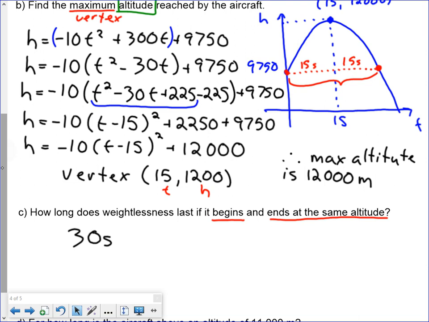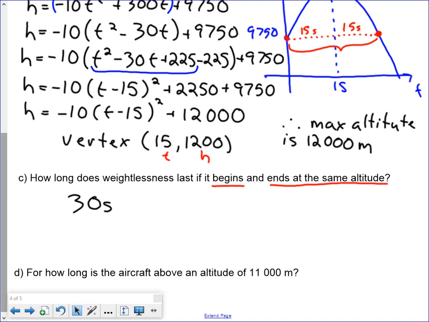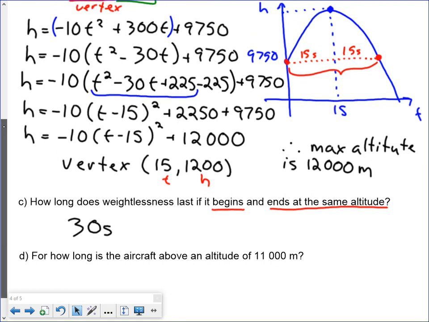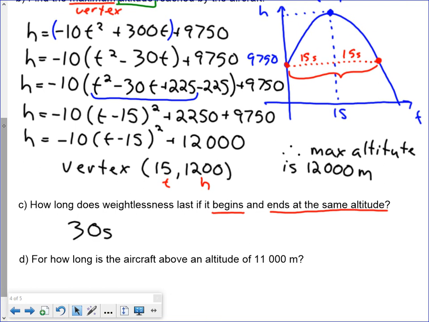Let's look at our last part here. How long is the aircraft above an altitude of 11,000 meters? Let's try to visualize this on the graph as well. 11,000 meters is a height. They're giving us a height, h equals 11,000 meters, and they're asking us for how long.